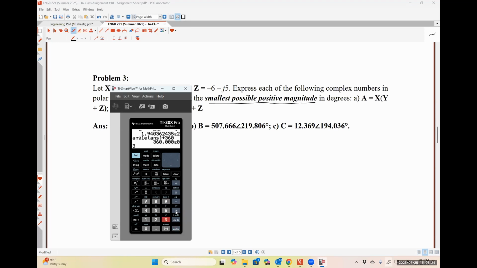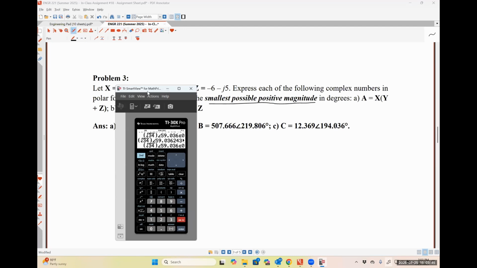Let me just see something here. Yeah, I don't know why this emulated calculator won't give me a decimal version of the magnitude. That's weird, but it is what it is.